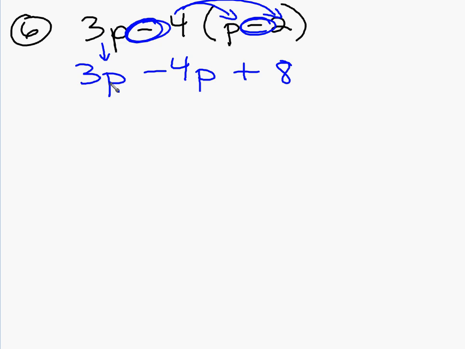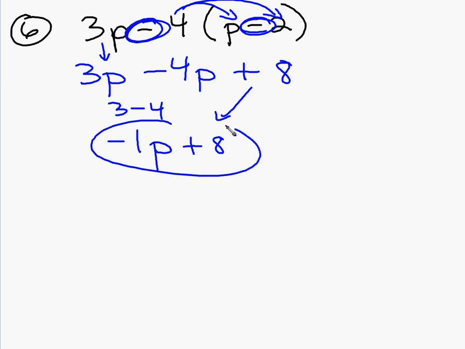Do you see two p terms? So 3p minus 4p, that's like 3 minus 4, which is what? So I'll have negative 1p, bring this down, plus 8. And that would be your final answer. All right? So you are going to see some problems like that tonight.